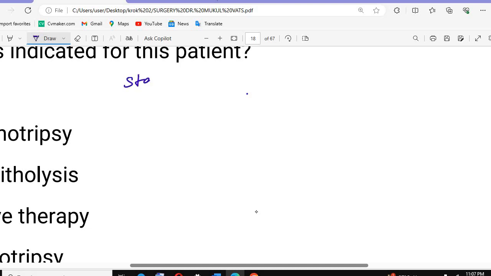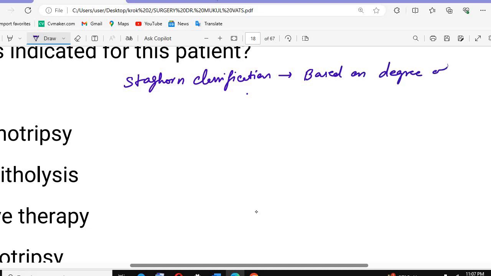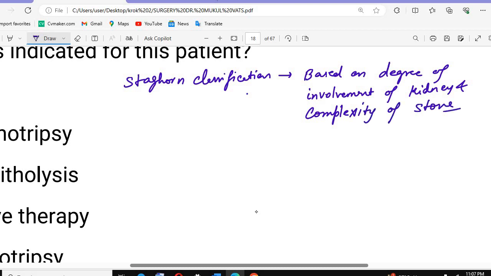The staghorn classification is based on the degree of involvement of the kidney and the complexity of the stones.